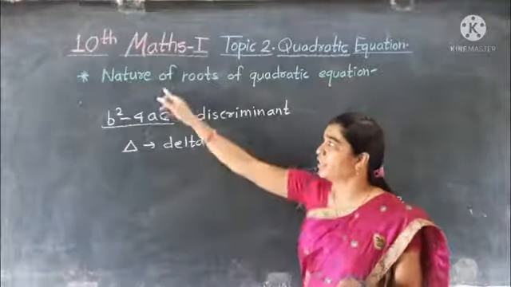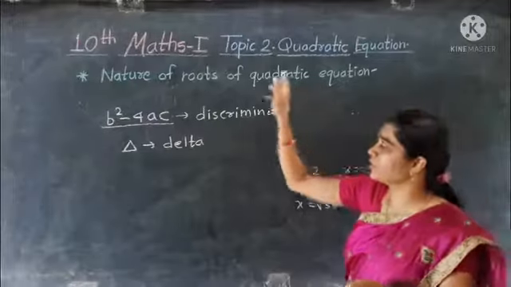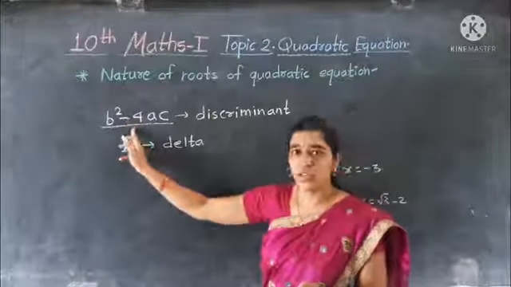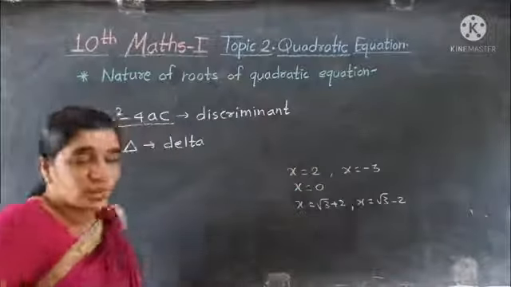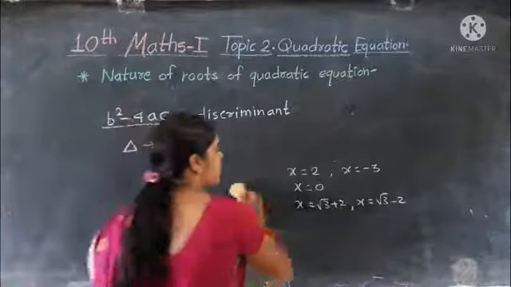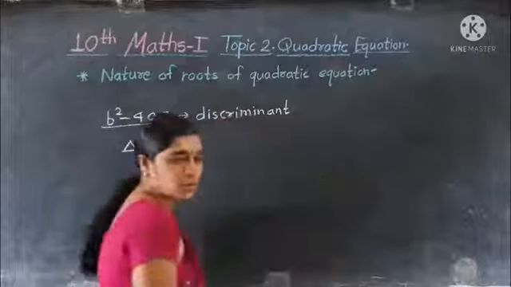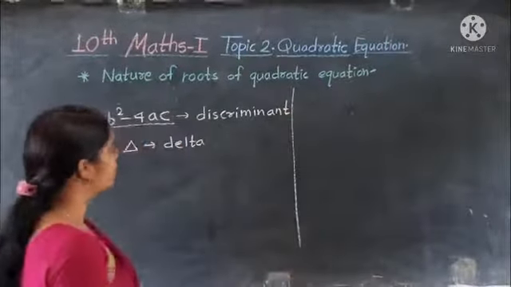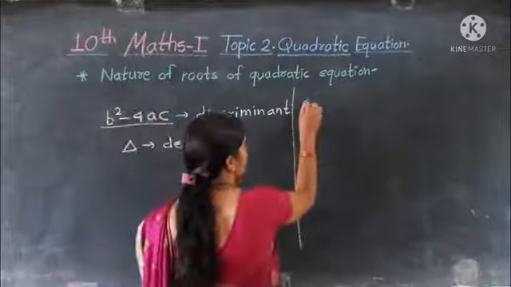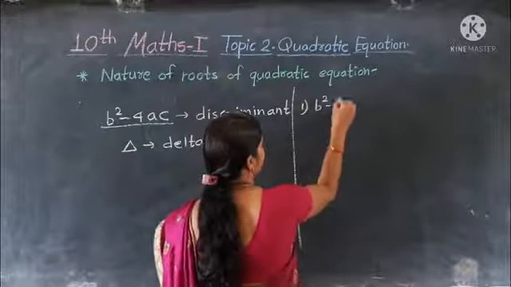So finally the nature of the roots of quadratic equation depends on the value of b square minus 4ac. So which are the values of b square minus 4ac? Suppose the first value of b square minus 4ac.